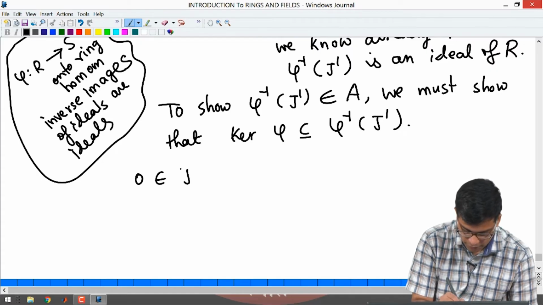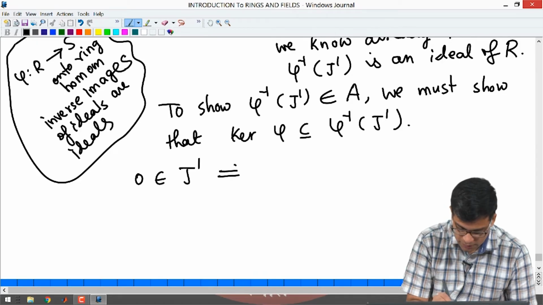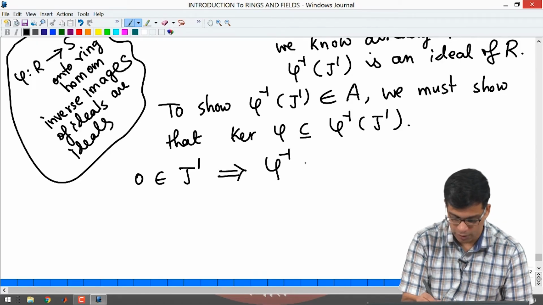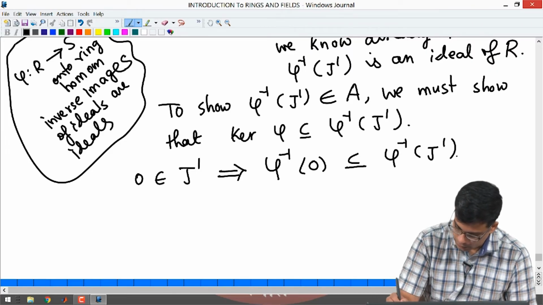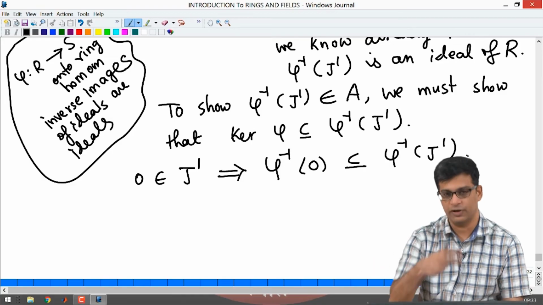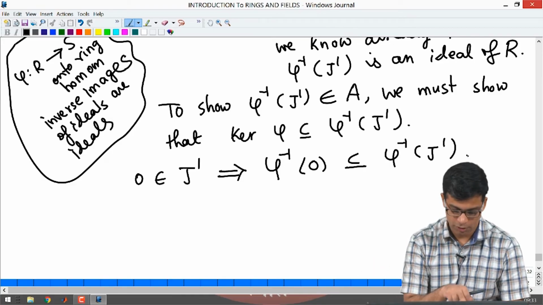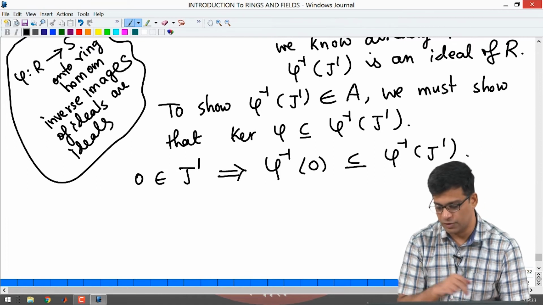So, J prime contains 0, the 0 element of the ring S, but this means, just as a set theoretic statement, phi inverse 0 is contained in phi inverse J prime. If you have one set contained in another, inverse images have the same inclusion; anything that maps to 0 is in the inverse image of J prime.